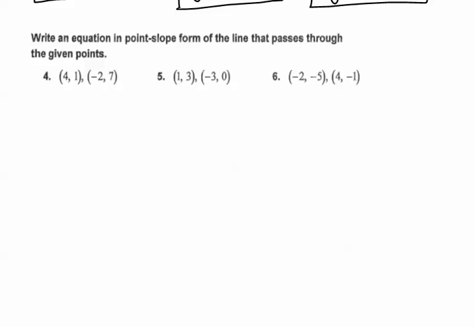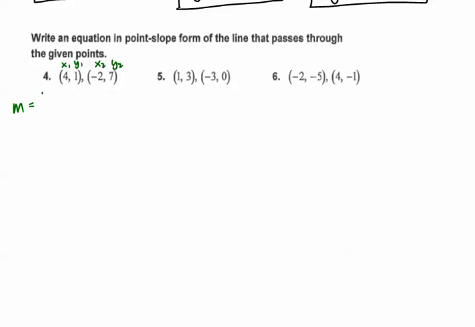Okay, then we'll go on to the next 3, where we're given 2 points and we want to write the equation in point-slope form. So we only need to go to point-slope form. However, we have 2 points, and so we're going to have to first calculate the slope. So I'll label x1, y1, x2, y2.